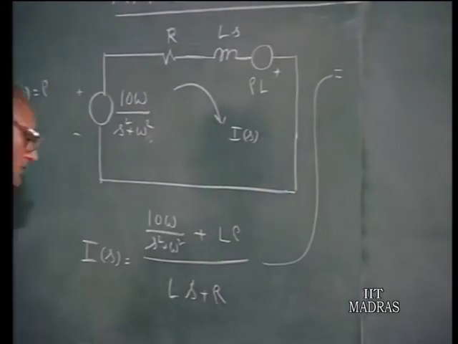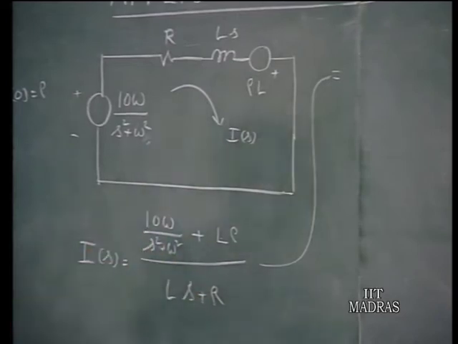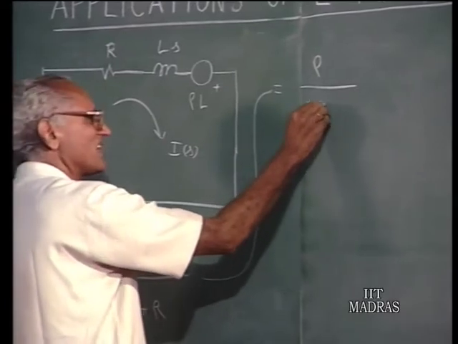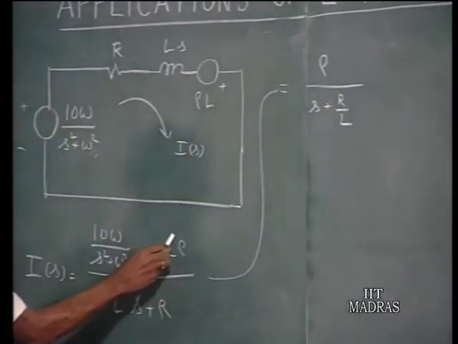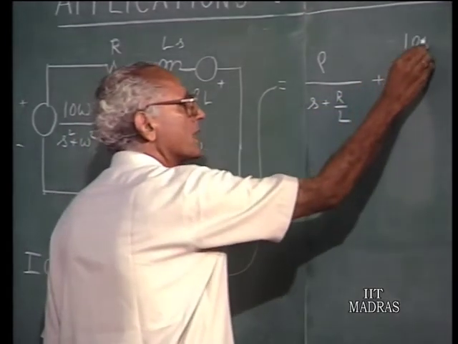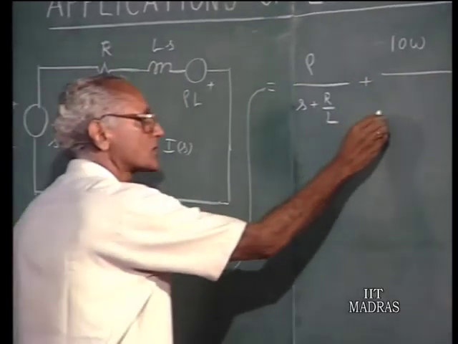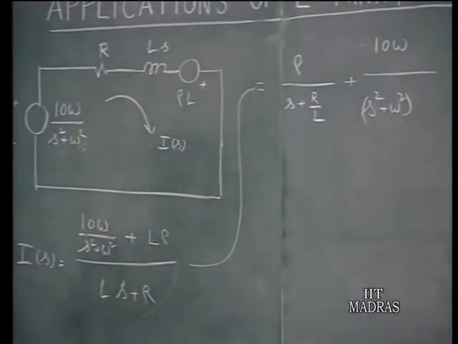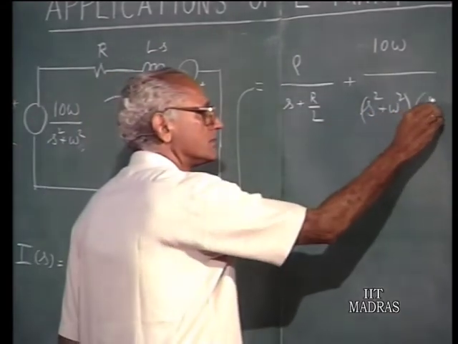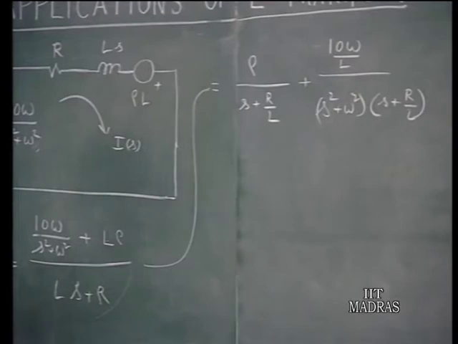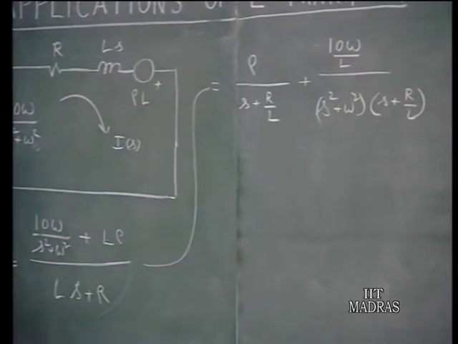First of all, L rho over Ls plus R, that is straightforward, therefore I get rho over s plus R by L, plus in addition I have 10 omega over s squared plus omega squared, the ratio of the first two terms, times 1 over s plus R by L, and divide this by L. So, 10 omega over L divided by s squared plus omega squared times s plus R by L.